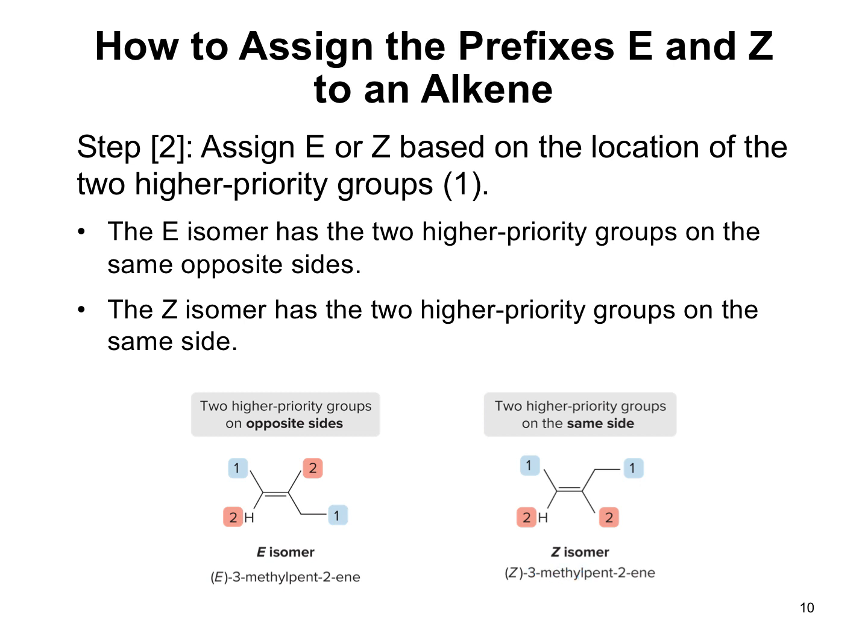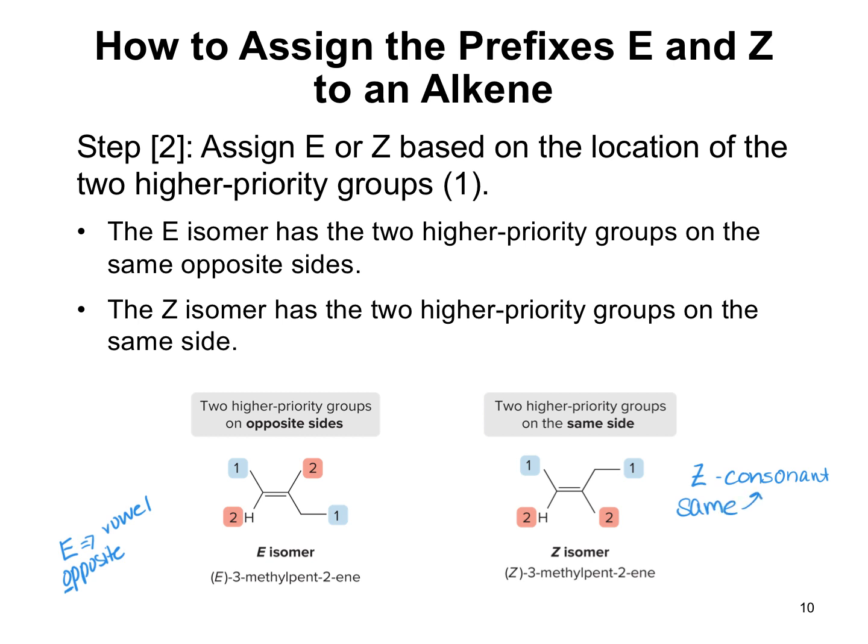I also remember it this way: E here is a vowel, right? And opposite also starts with a vowel. And here, Z is a consonant, and so is same.